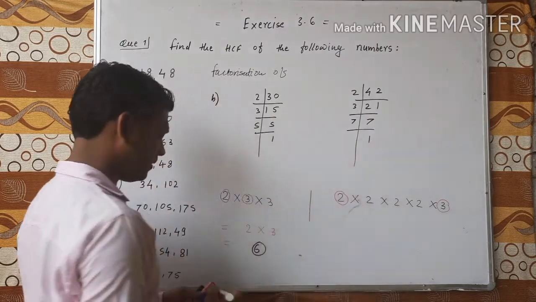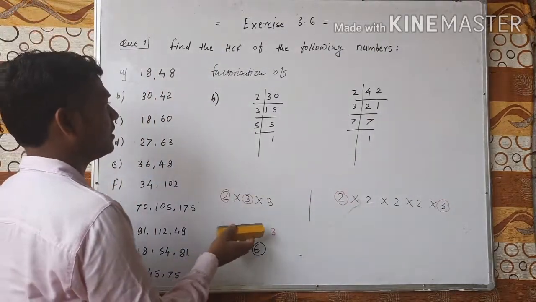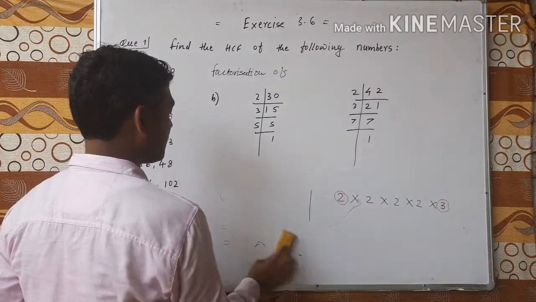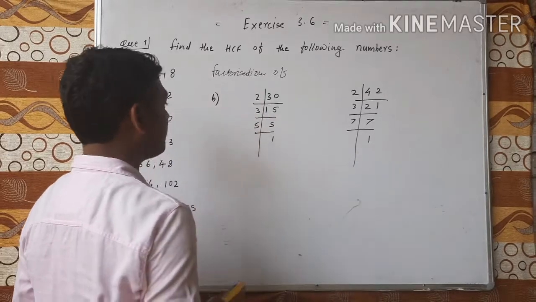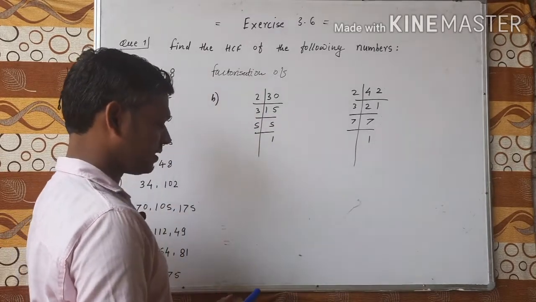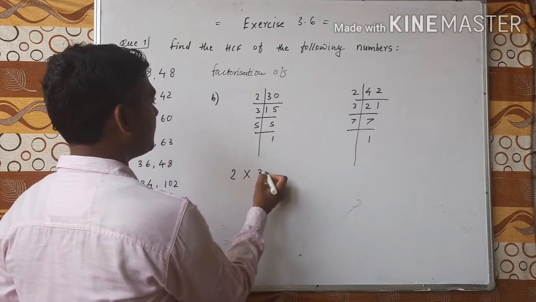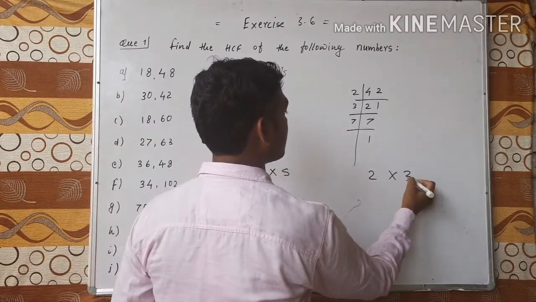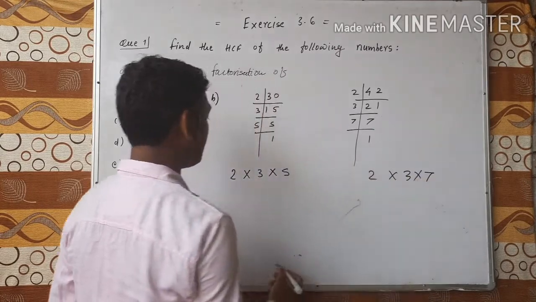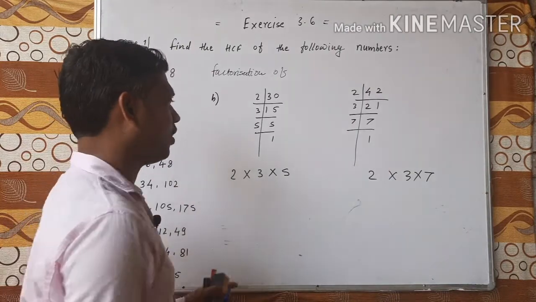So again we can write their factors. What are the factors of 30 and 42? We can write one by one all the factors here. That is equal to 2, 3, 5 and 2, 3 and 7. After that we search for a common digit.